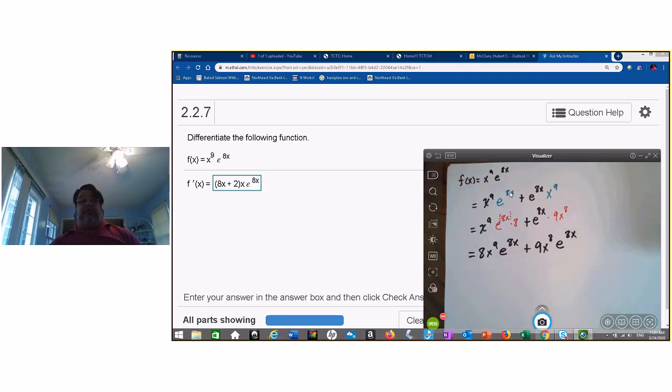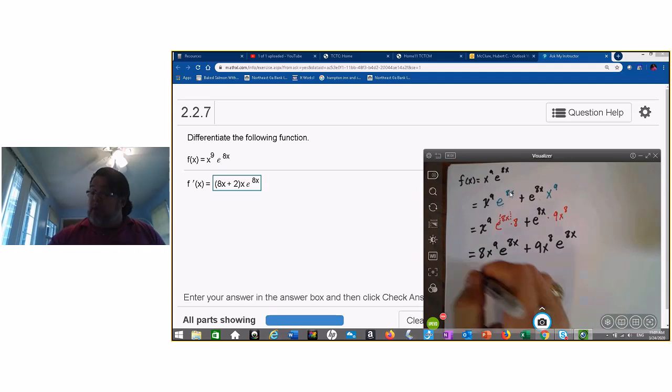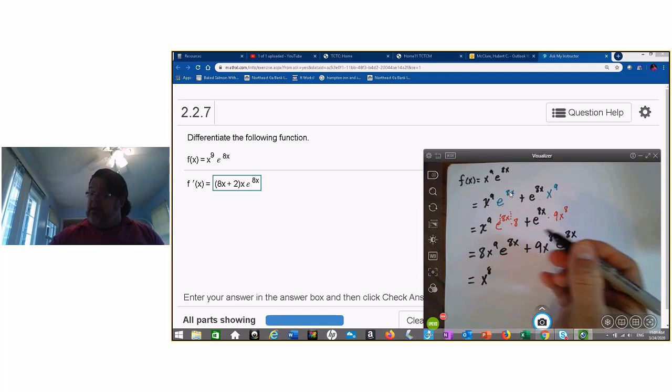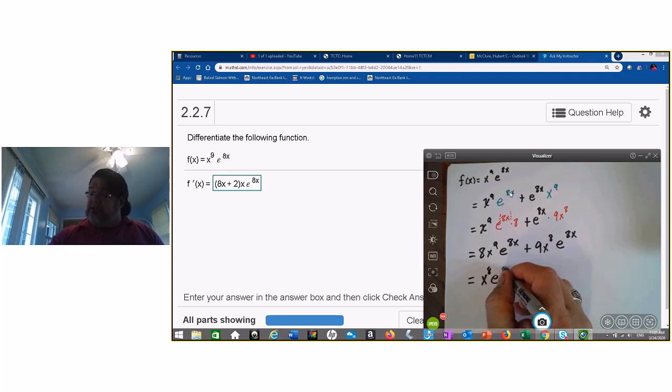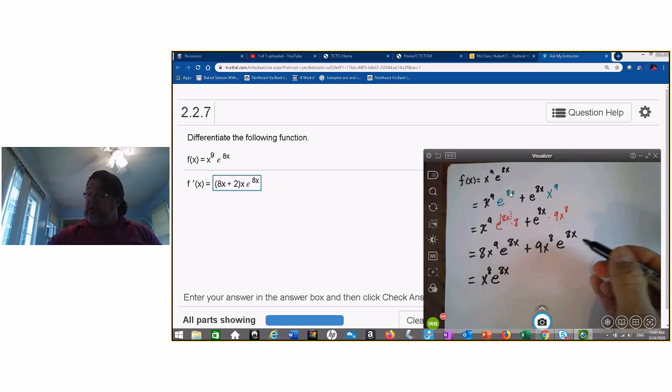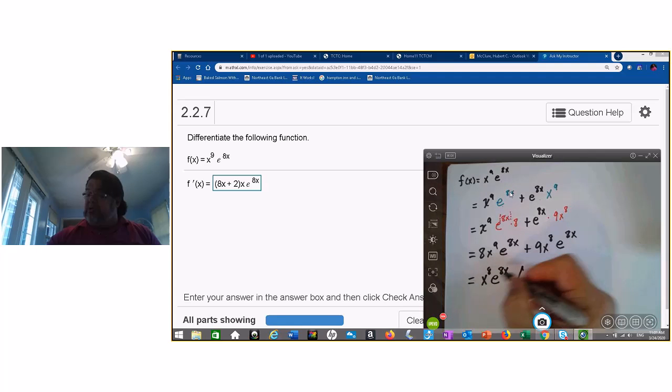Now they're going to want you to factor something out here. So we're going to factor out an x to the 8th and an e to the 8x. And that's going to leave me with 8x plus 9.